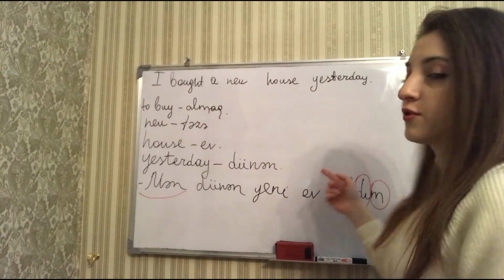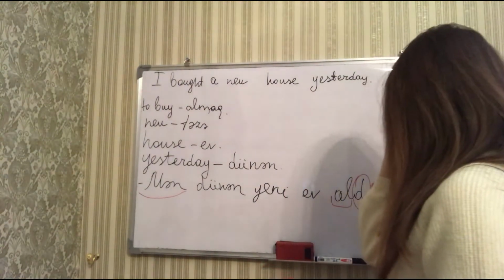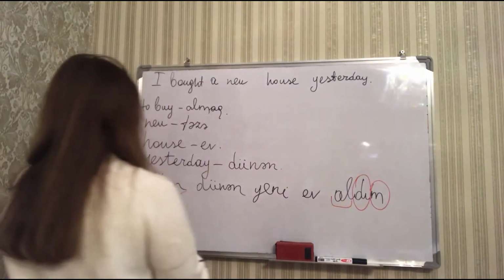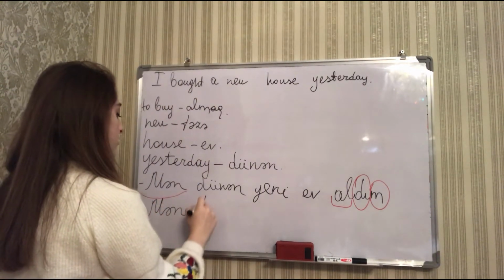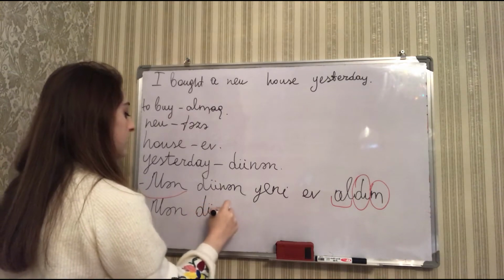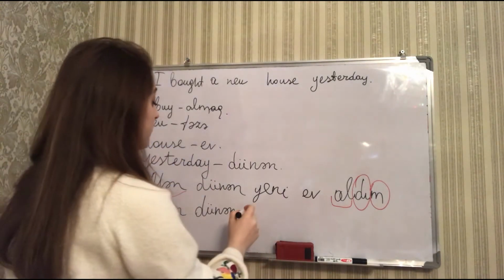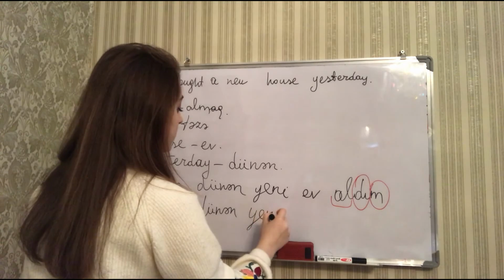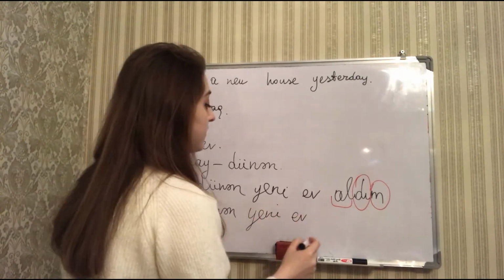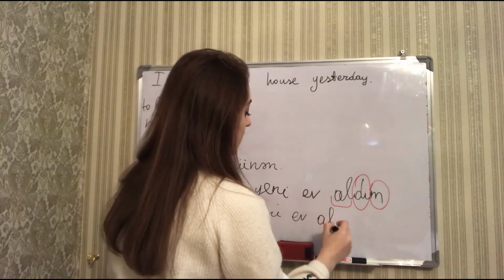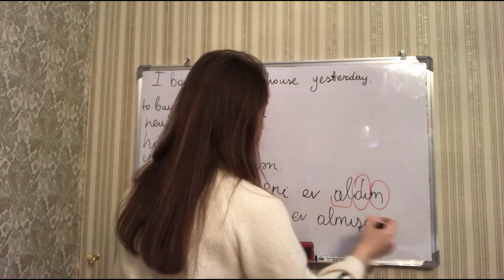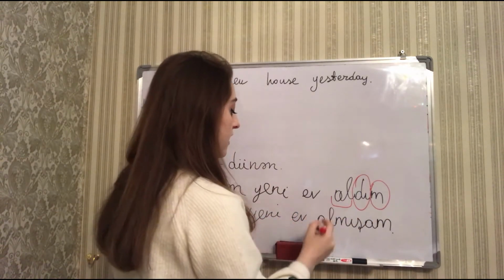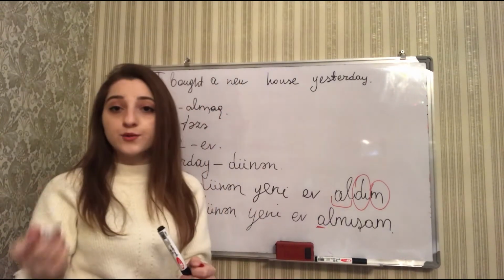Okay, it is the first version and the second version is man dünen yeni ev almışam. Okay, al. A is hard vowel.